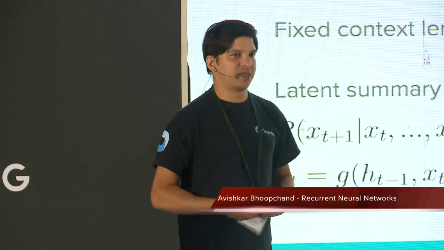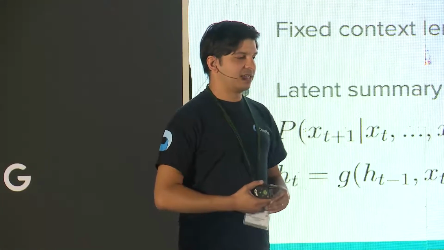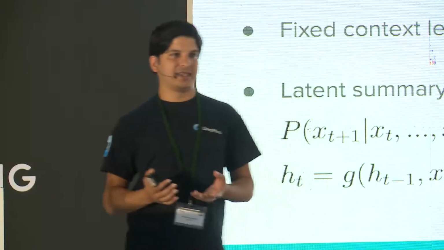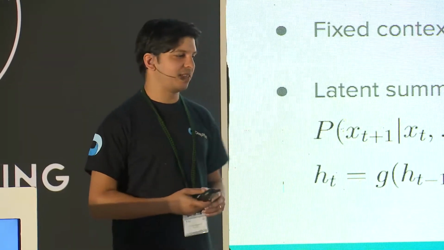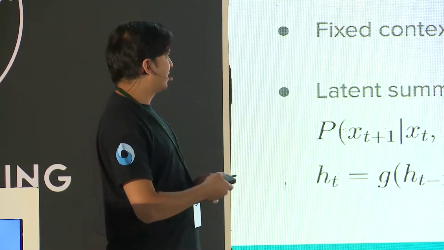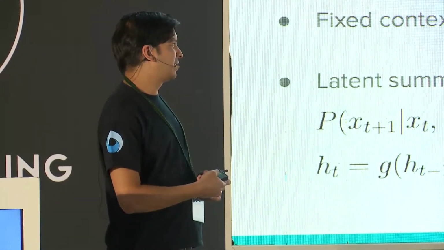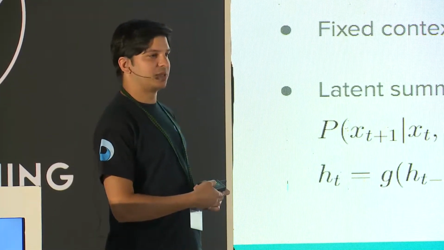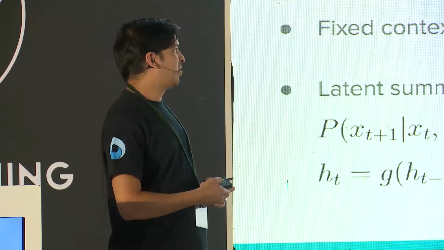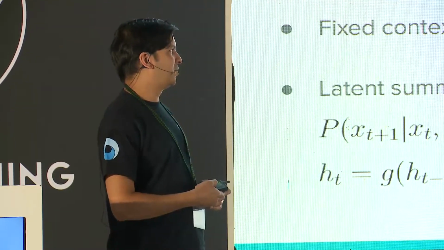So practically what people do is that they would either truncate the history to some fixed length. So in this example here, we're going to say that the probability distribution of our next observation, given the history in our sequence, is approximately equal to the distribution only conditioned on the last few elements.